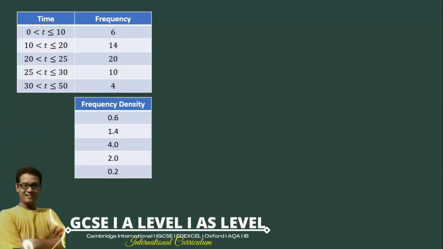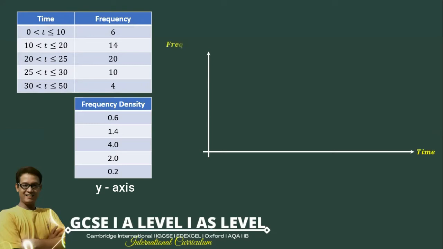Okay, the first is we are going to construct the diagram. For the x-axis is time, and for the y-axis is frequency density. That's very clear. There are two variables that we are going to define for the x-axis and for the y-axis.